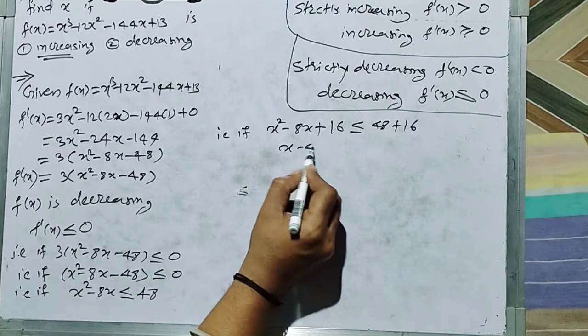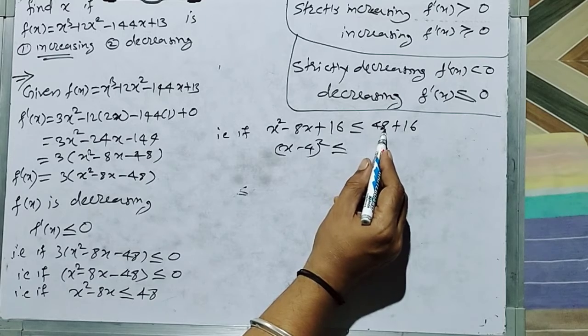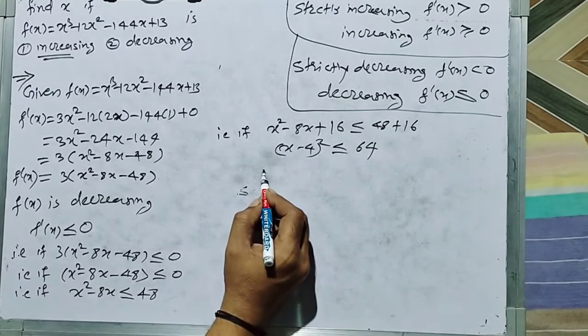So here x minus of 4 square is less than or equals to 48 plus 16, which means 64.